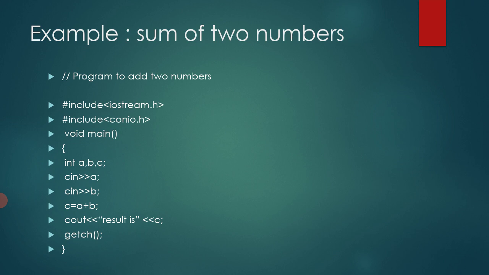I have given a comment at the top of the program, to add 2 numbers. This is the comment part, and it is a single line comment because the comment starts with a double slash. It tells the compiler that we have used a single line comment.